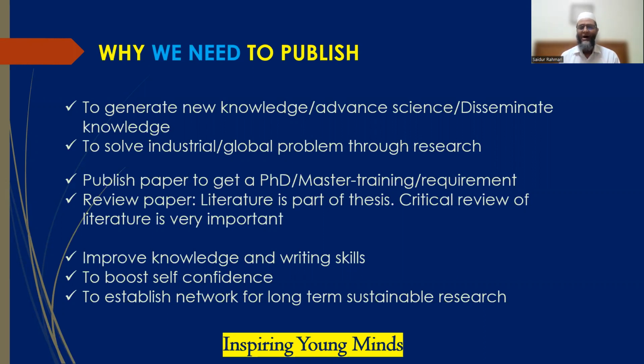When we publish something, other people read it and use it. We disseminate it so that other people also can improve and benefit, and, at the same time, if there are some gaps in that published work that need to be resolved or further investigated, they can do so. That is basically to generate new knowledge, advance the science, and disseminate the knowledge.